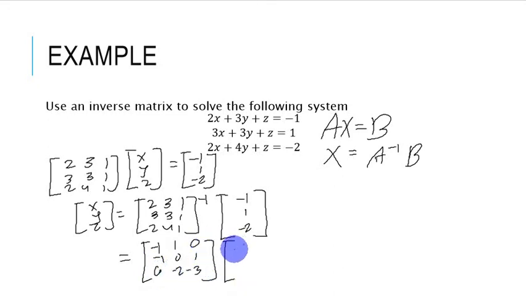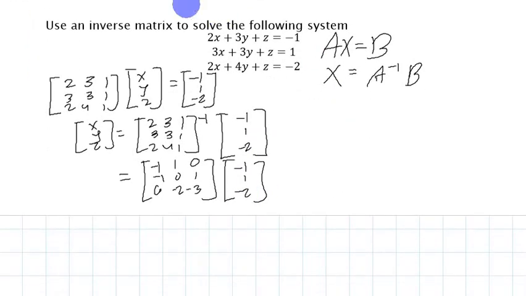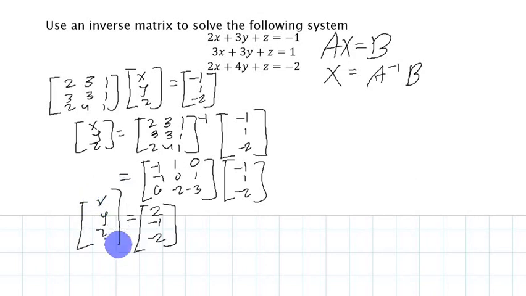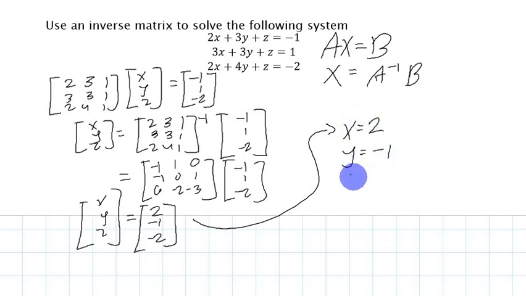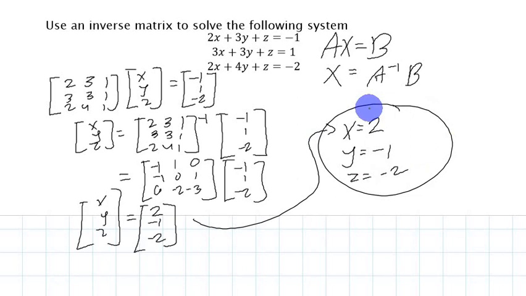Once you multiply it to the constants negative 1, 1, and negative 2, you're going to have the following column matrix: 2, negative 1, negative 2, which is equal to your x, y, z matrix. By the equality of matrices, we say that x equals 2, y equals negative 1, and z equals negative 2.